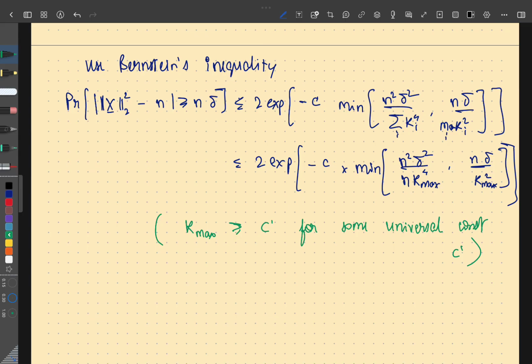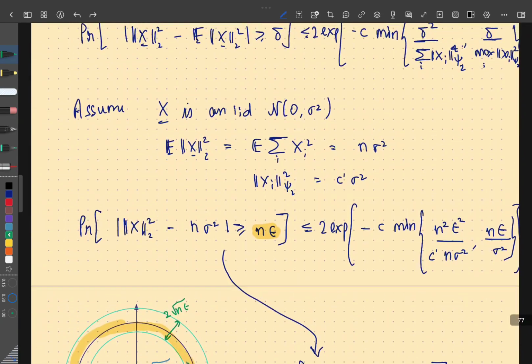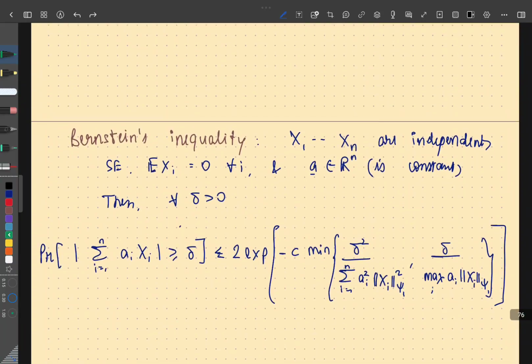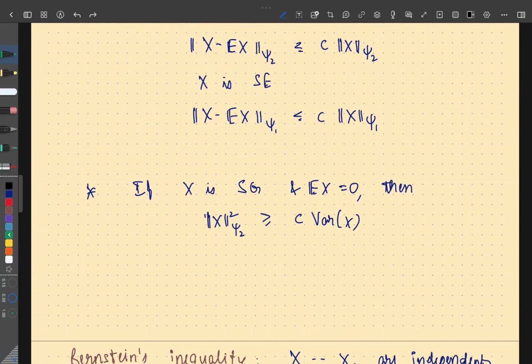This is because k_i is lower bounded by some universal constant times the variance, right? We showed that previously. I'm using this property over here, and I took the variance to all be equal to 1. So the subgaussian norm square is lower bounded by some universal constant.